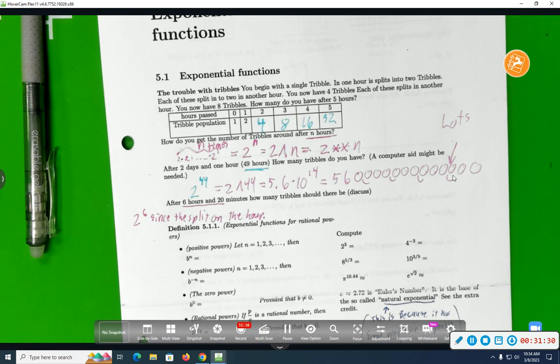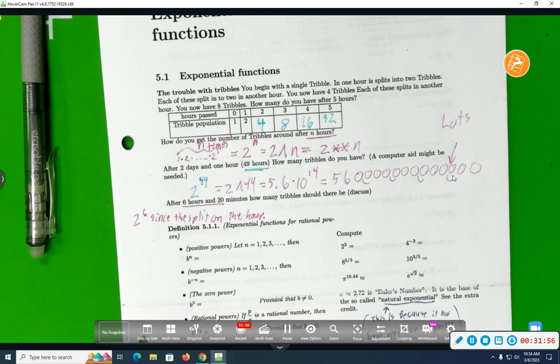Does the problem make it totally explicit that they split exactly after the hour? Maybe you interpret it more like, on average, a tribble takes an hour to split. In that case, maybe just taking 2 to the 6th doesn't seem quite reasonable.